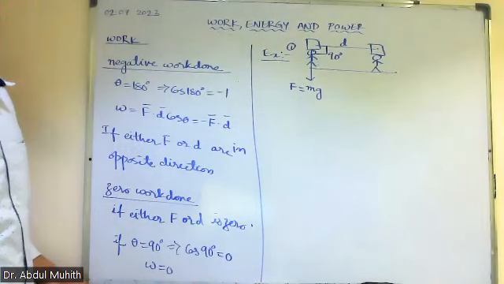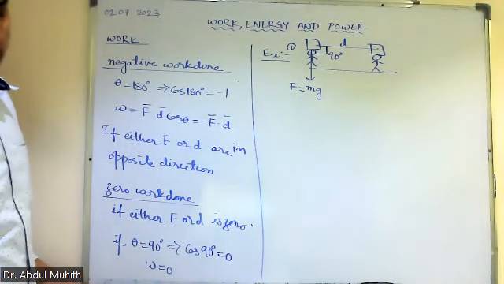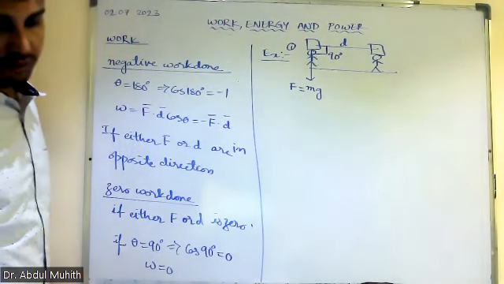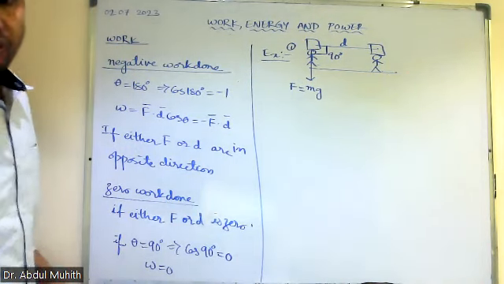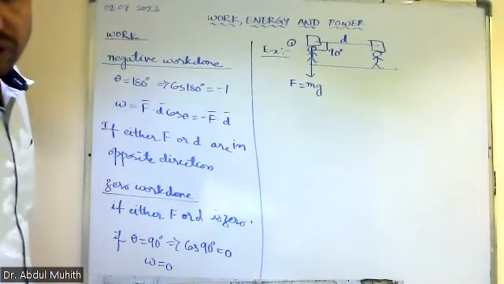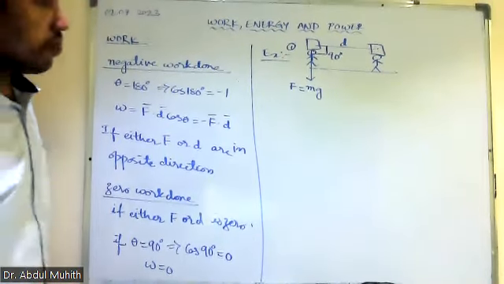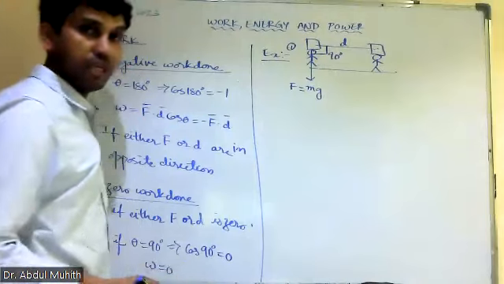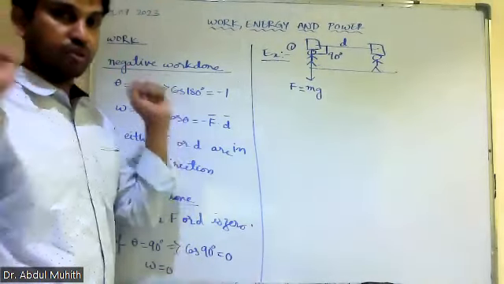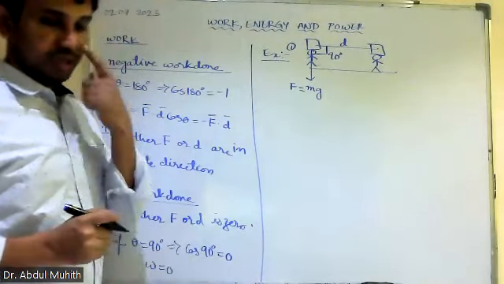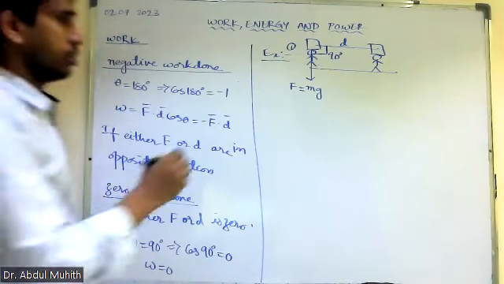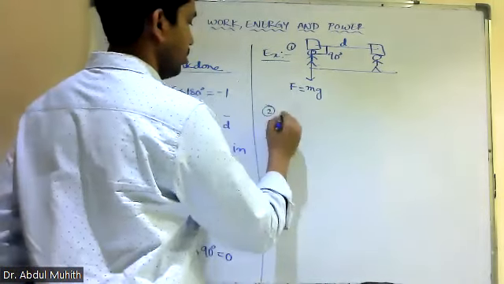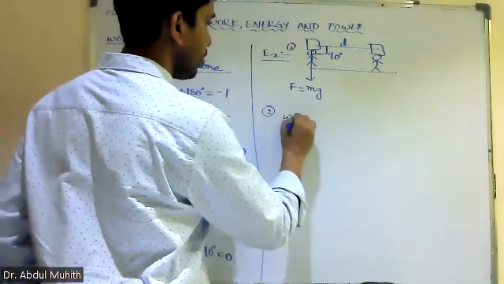a weightlifter holding some weight on his shoulder for some time. According to physics, he is not doing any work. How come? Suppose he lifts the weight bar and puts it on his shoulder. According to physics, he's not doing any work. Why?